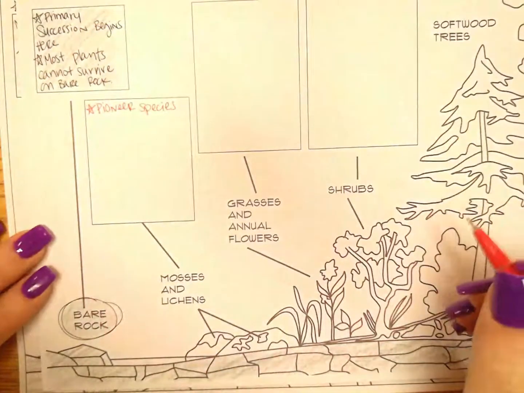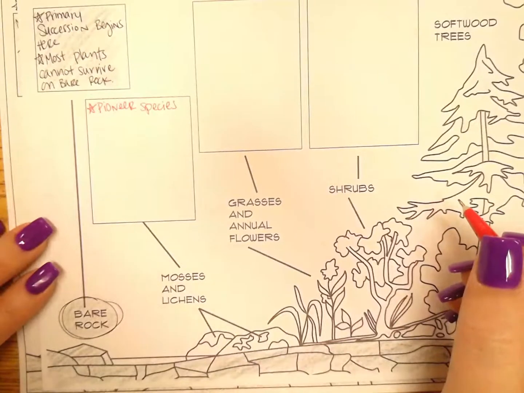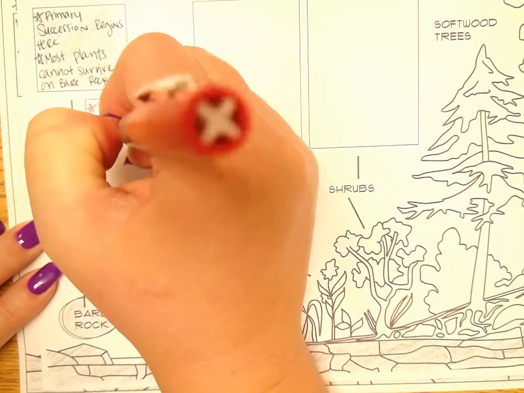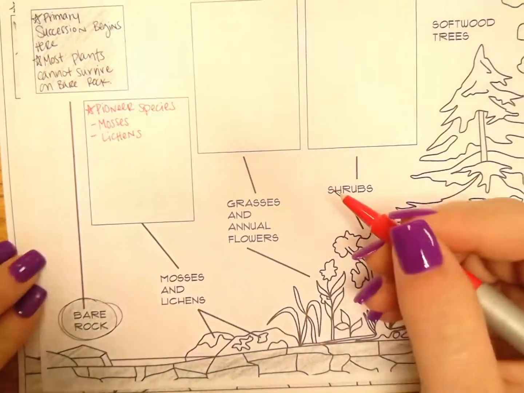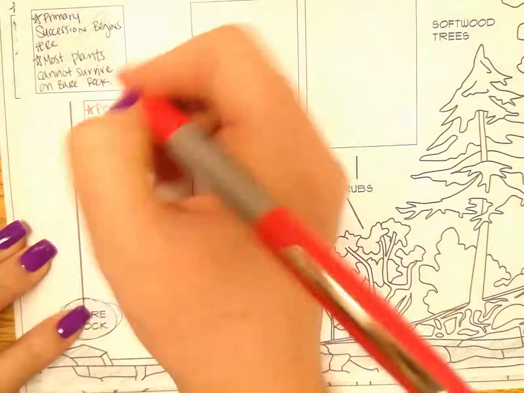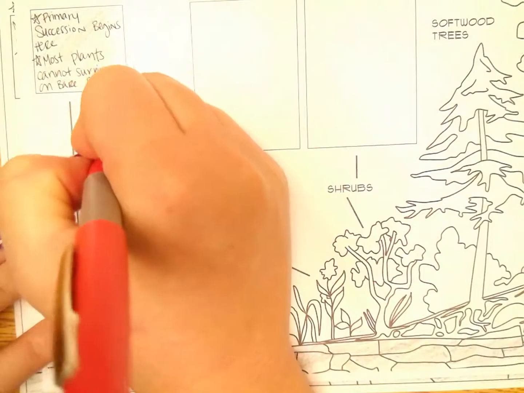And pioneer species that we often see with primary succession are mosses and lichens. I know it looks like lichens, but it's really lichens. And what they do is they start to dissolve the rock.